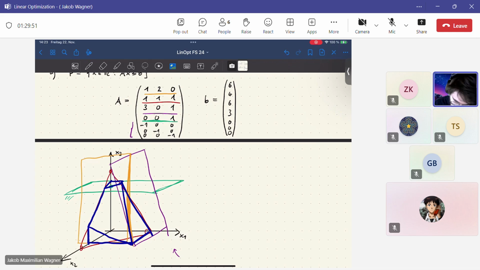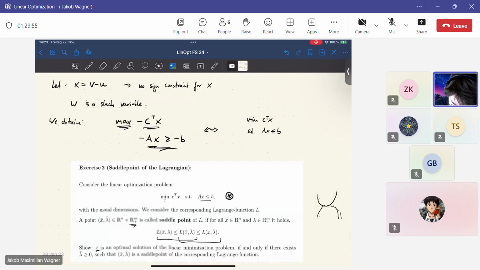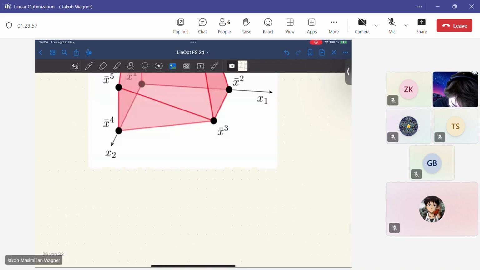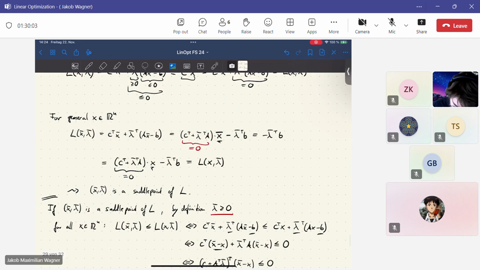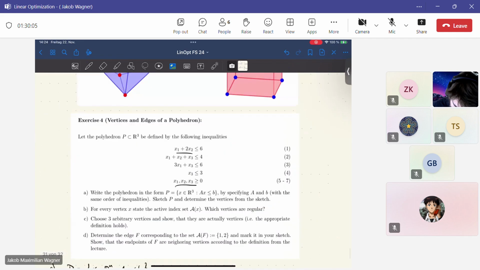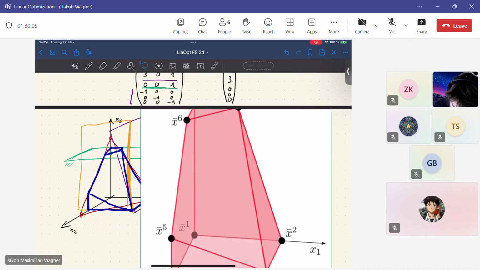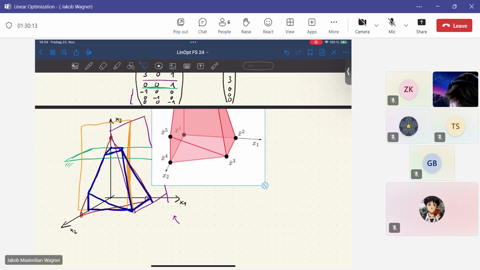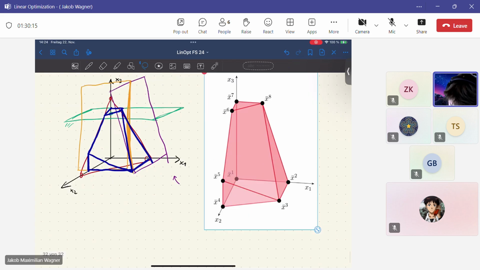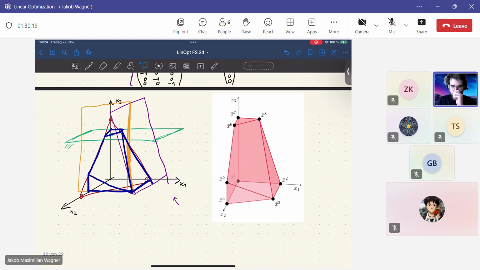Now let me cheat a little and copy the nice picture over. This is what it should look like if you're able to draw a bit nicer.